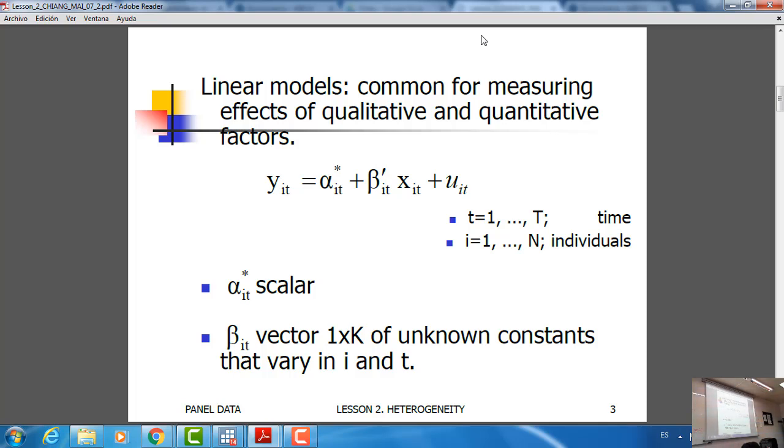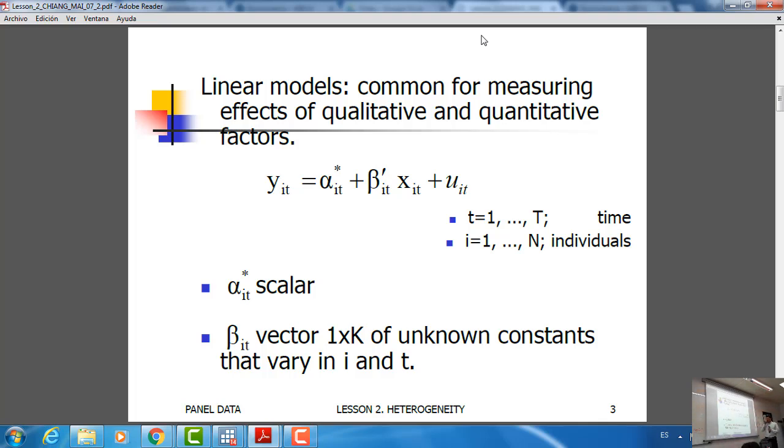Why is it similar and not the same? Now you don't have N times T, you have N times T times capital K, which is a lot. It is even more than the number of observations. We have K times more parameters than observations in this data vector.